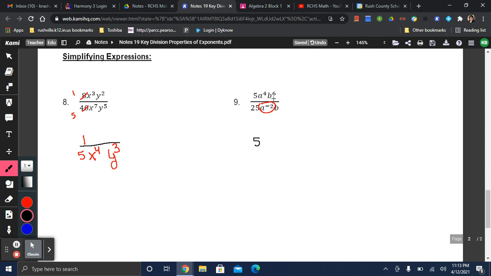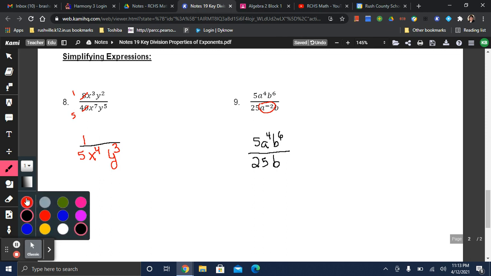So I'm going to keep the numerator as is, just rewriting it. And part of the denominator, the 25 and the b, I'm going to leave alone. But this a to the negative 2 power is in the denominator. It's going to need to move to the numerator. And when it does, the exponent becomes a positive.